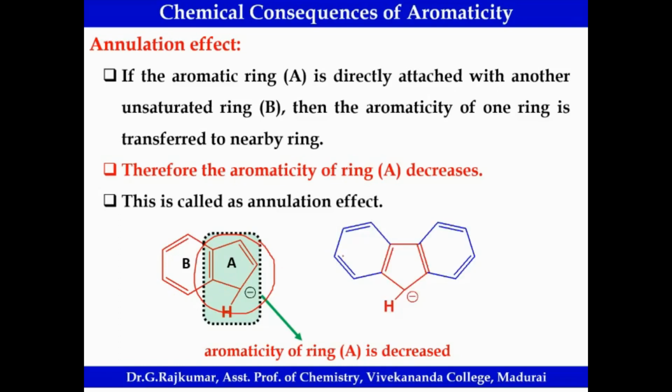Similarly, here adjacent nearby there are 2 rings, ring B and ring C. Hence, the aromaticity of ring A is further decreased. Are you able to follow? The aromaticity of ring A is decreased because adjacent there are 2 aromatic rings.